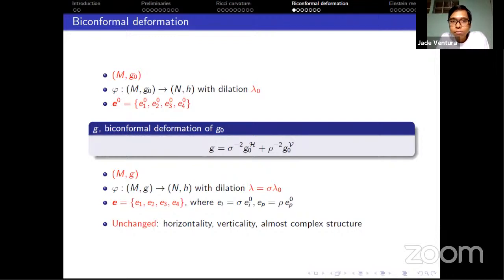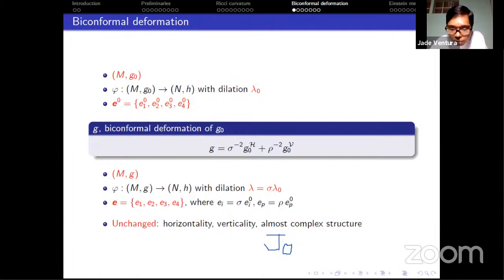notions as we go from the original G naught to the deformed metric G. Specifically, the notions of horizontality and verticality are unchanged, and also the almost complex structures J are unchanged. So what this means is that associated with our original G naught are the almost complex structures J naught.